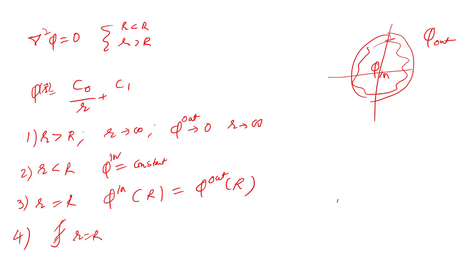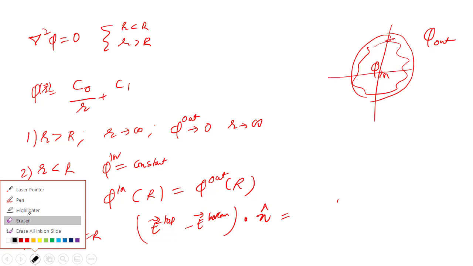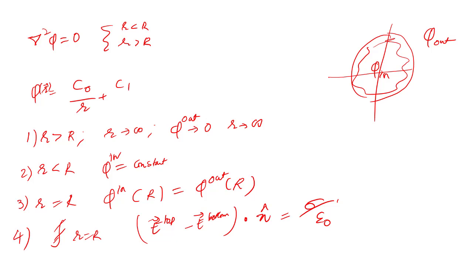And then the fourth condition, we used Gauss's law, and we saw that at R equal to R, E top minus E bottom dotted with, in general, the normal vector is equal to sigma by epsilon naught. So using this, we saw that minus dou phi top by dou n plus dou phi bottom by dou n was equal to sigma by epsilon naught.